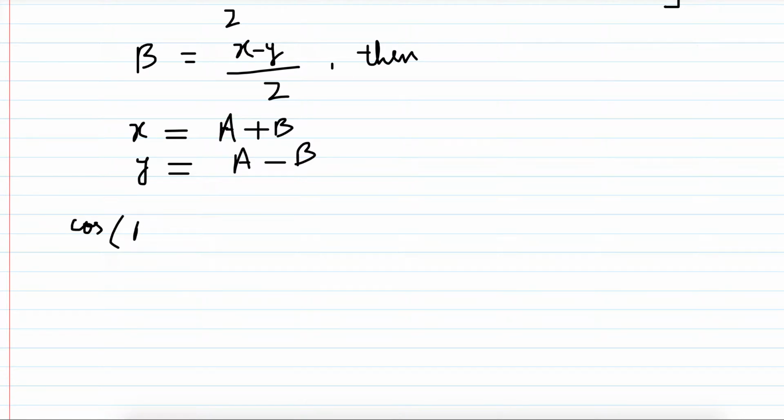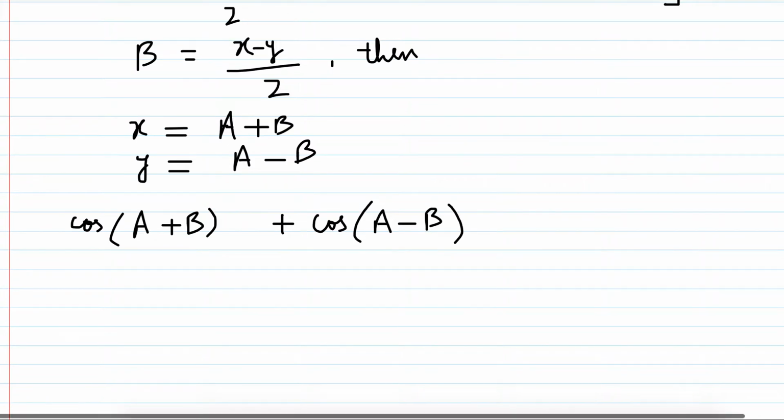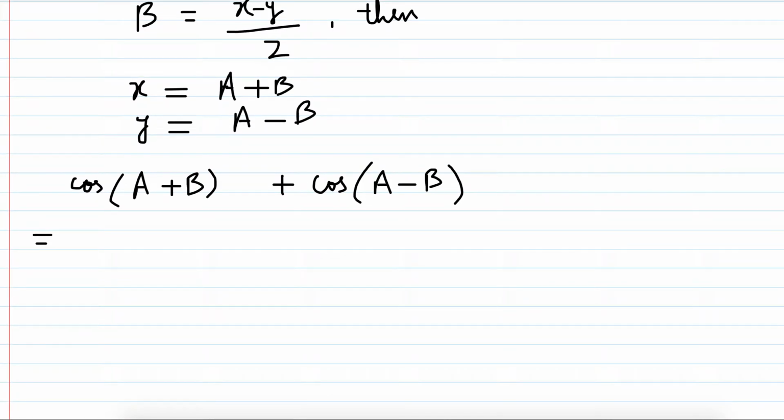So we have to find cos x plus cos y. So x is a plus b, then plus cos a minus b. So we will expand the terms. Cos a cos b minus sin a sin b.